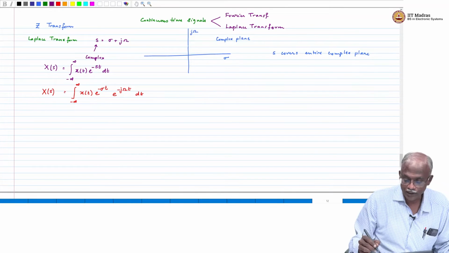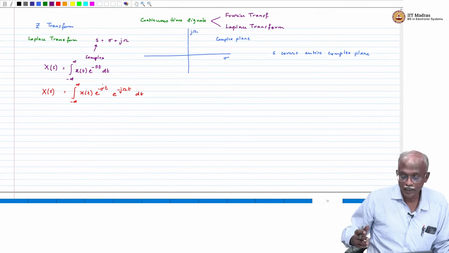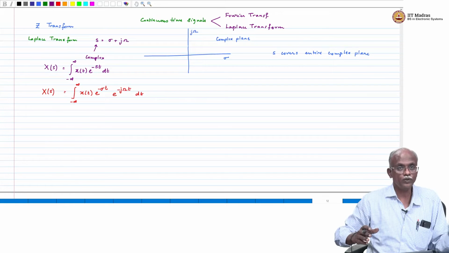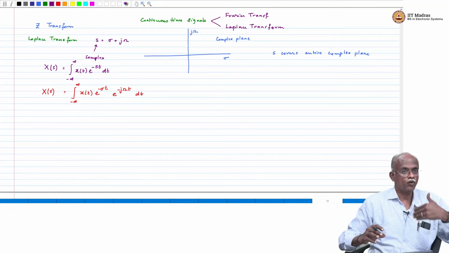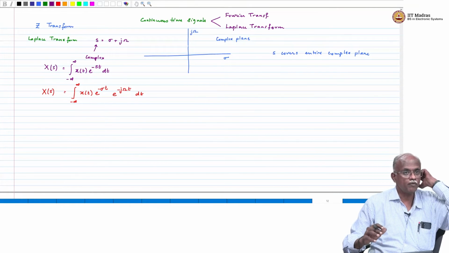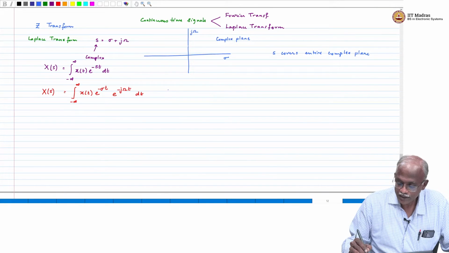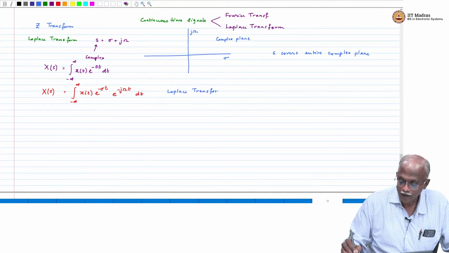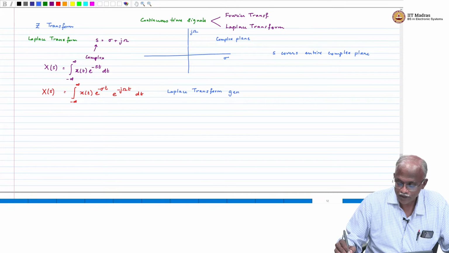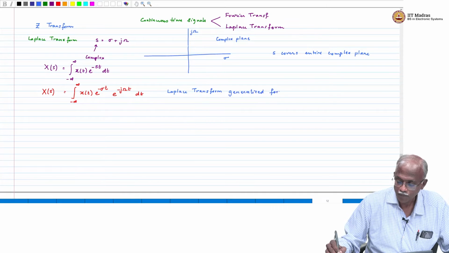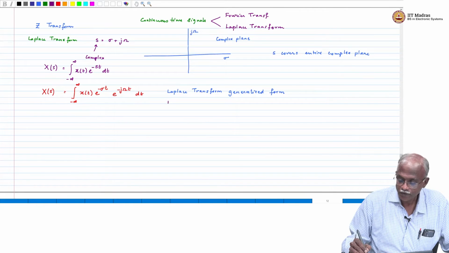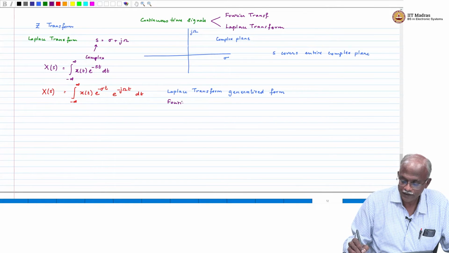If you set sigma equal to 0, then you get the j omega axis going from top to bottom. As you go from minus infinity to infinity, this will give you the Fourier transform. So, the Laplace transform is the generalized transform.